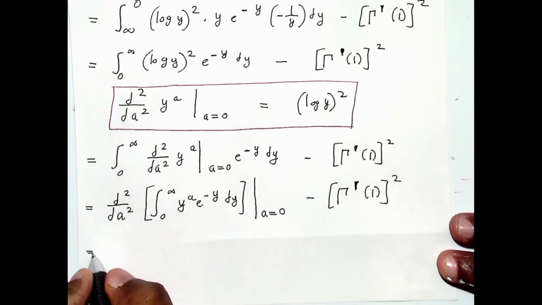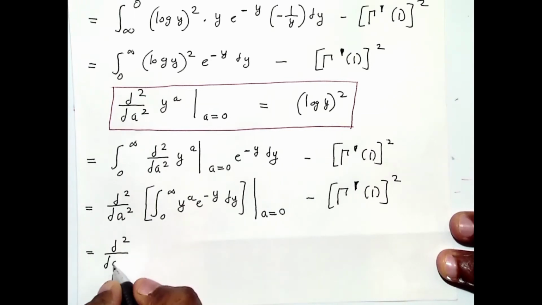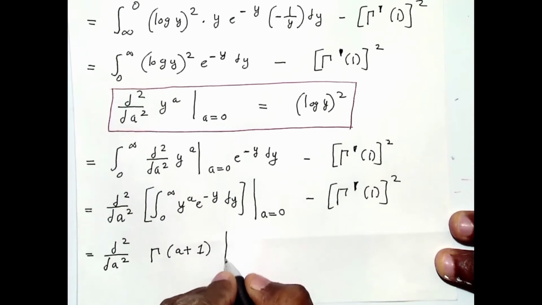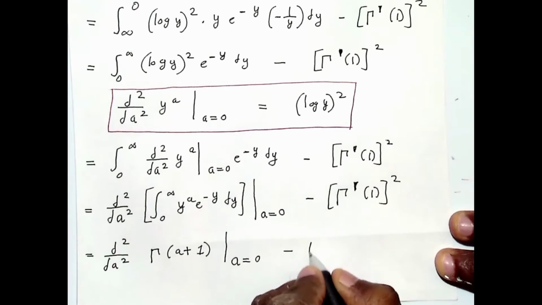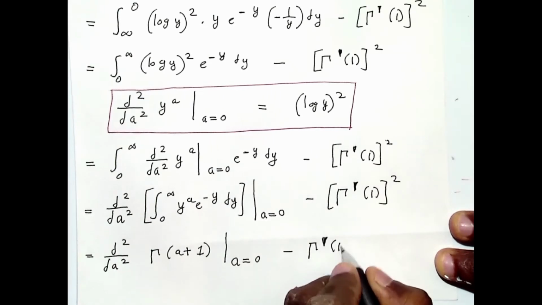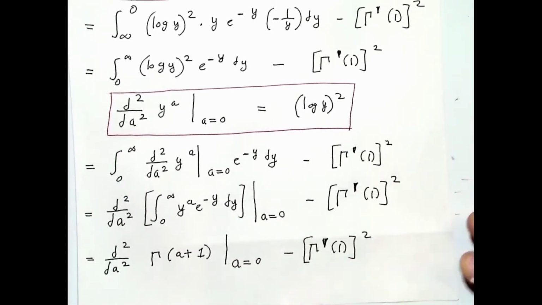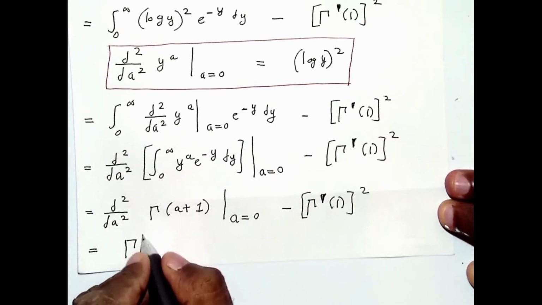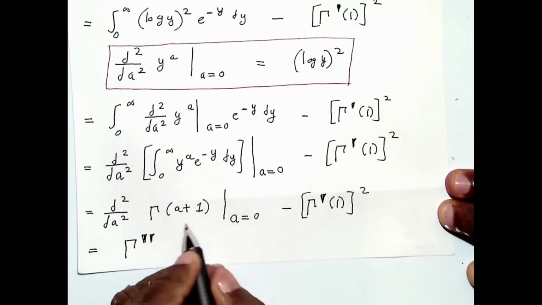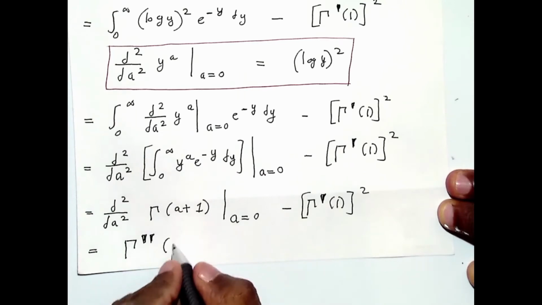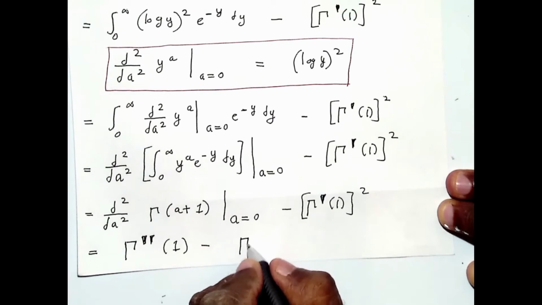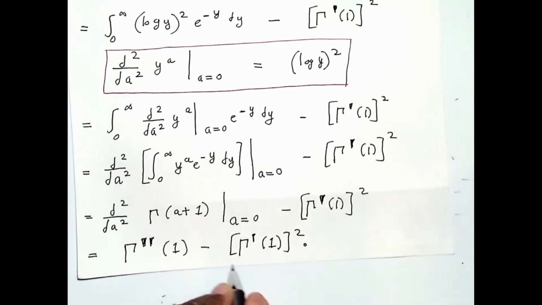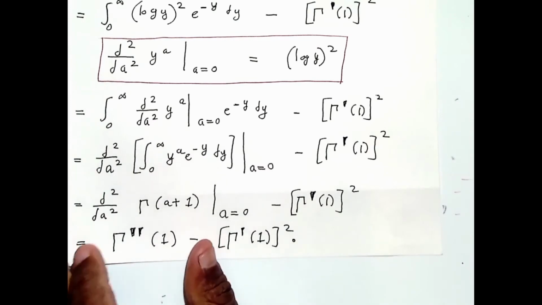So this is... So the final answer is the second derivative of the gamma function worked out at a plus 1, but a equal to 0, so it gives you 1, right, minus... So this is the formula for the variance of the Gumbel limit.